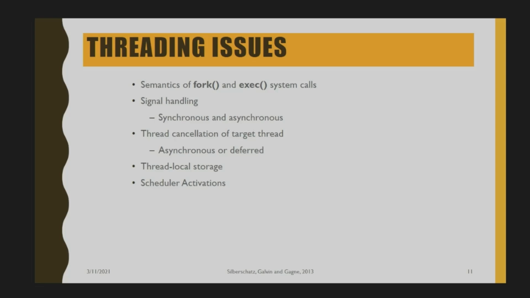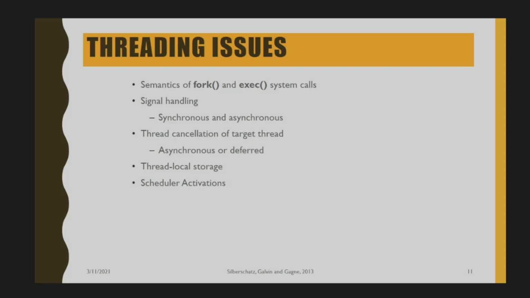So the signal will be delivered to a process. Now in a process we have multiple threads. So how do we want to deliver the signal? The process is more complicated compared to the single threaded signal.